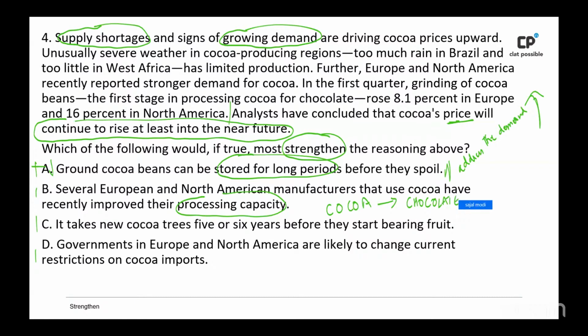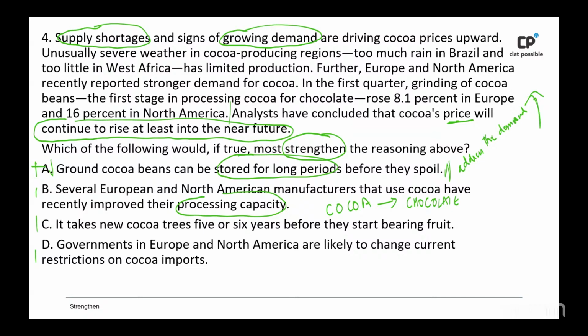If the processing has increased, if the time has reduced, will it add to the demand pressure? What do you think? Will it add to the demand pressure or will it not? We are not sure, right? We are not sure.